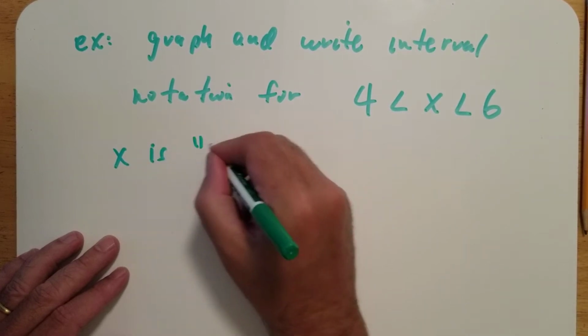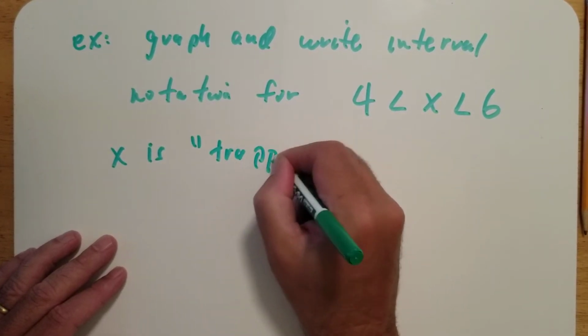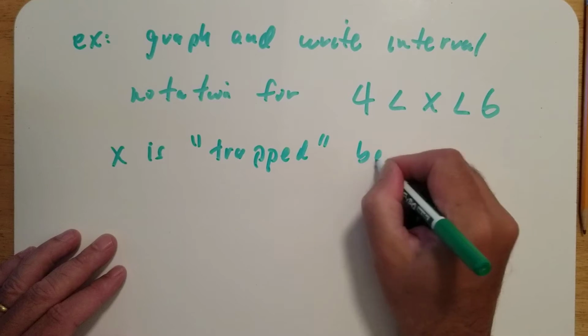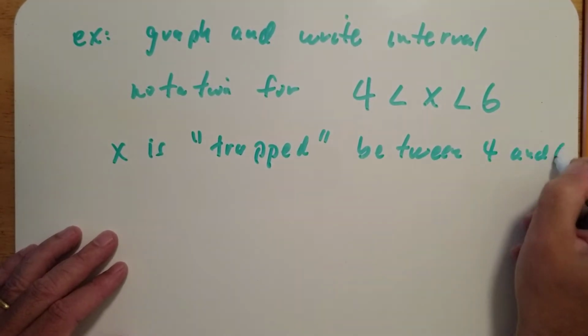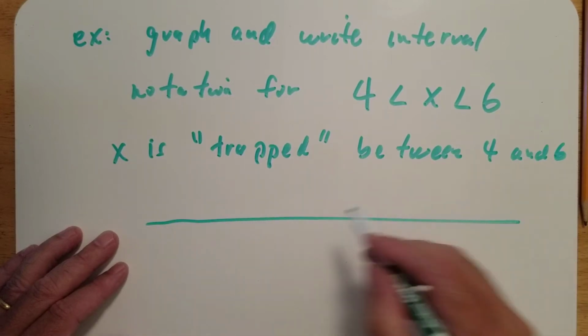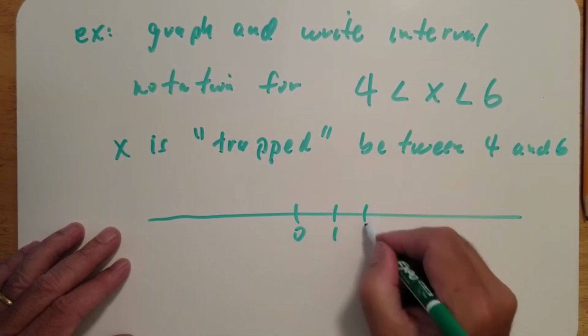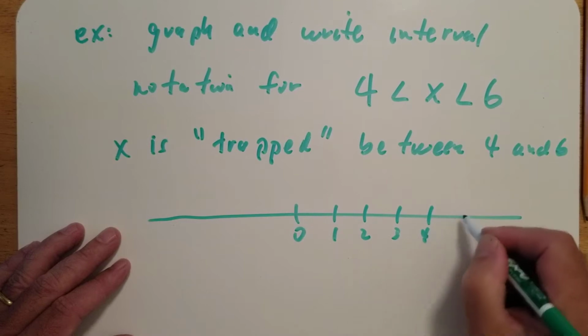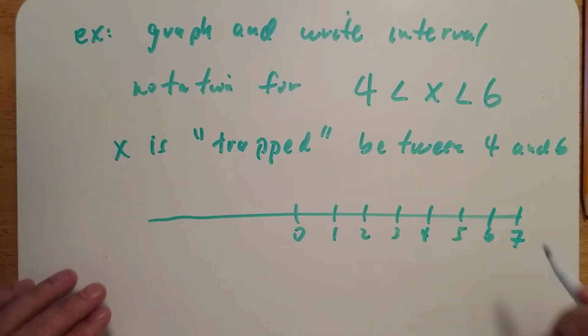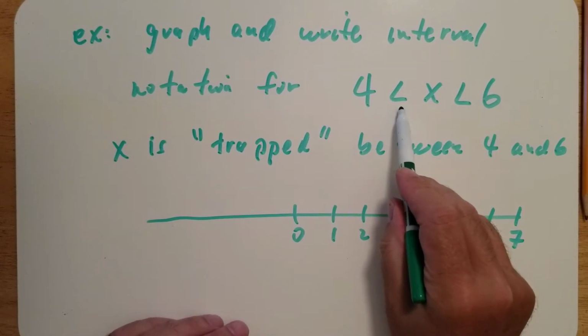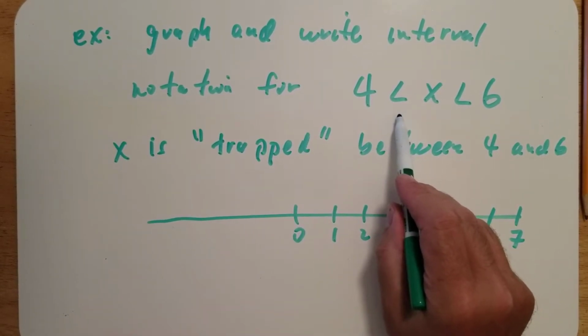X is trapped between 4 and 6. So on the number line, here's 0, 1, 2, 3, 4, 5, 6, 7, etc. Now notice it doesn't say less than or equal, it's just strictly less than.